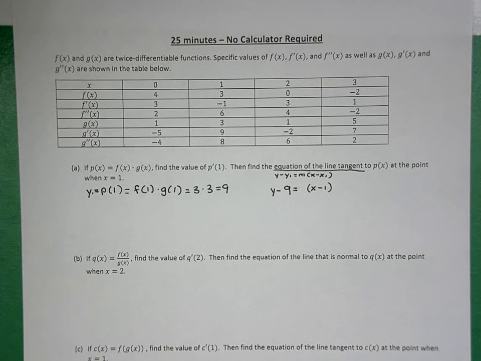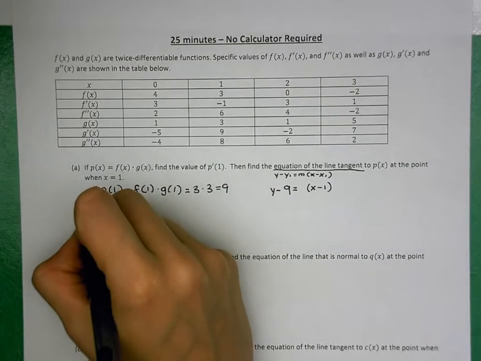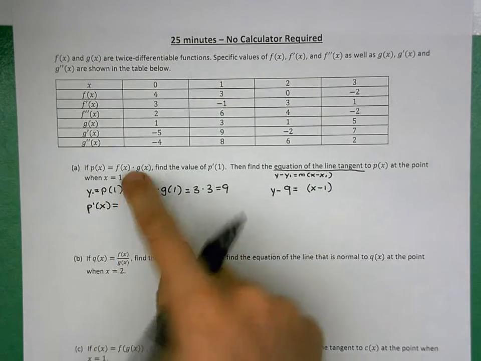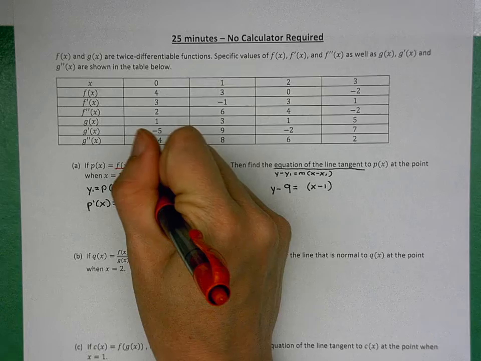Okay, slope. How do you find slope of the tangent line again? Okay, well, slope is a derivative. So to find my slope, I do need to take the derivative of my function. So p prime of x equals, and we're taking the derivative of f times g. Well, what rule is at play there? Okay, that would be product rule, two things multiplied together.